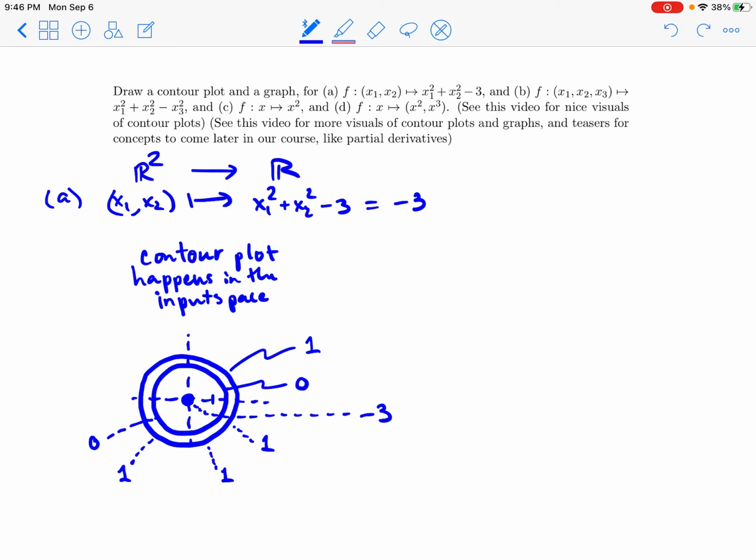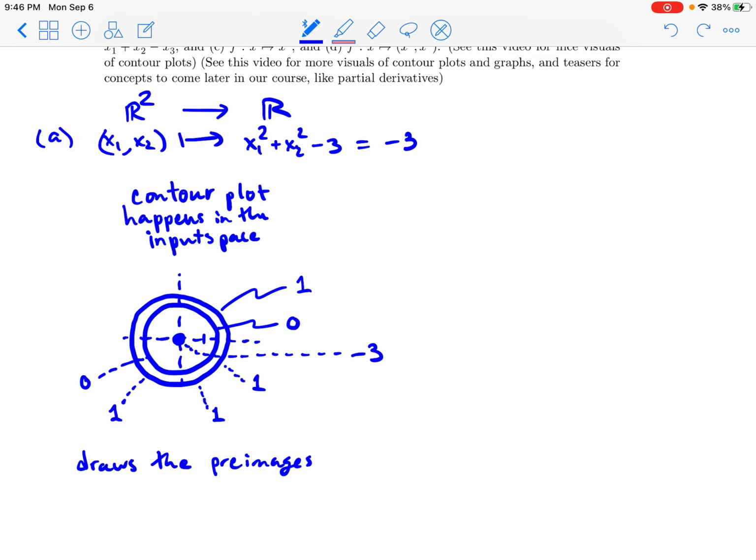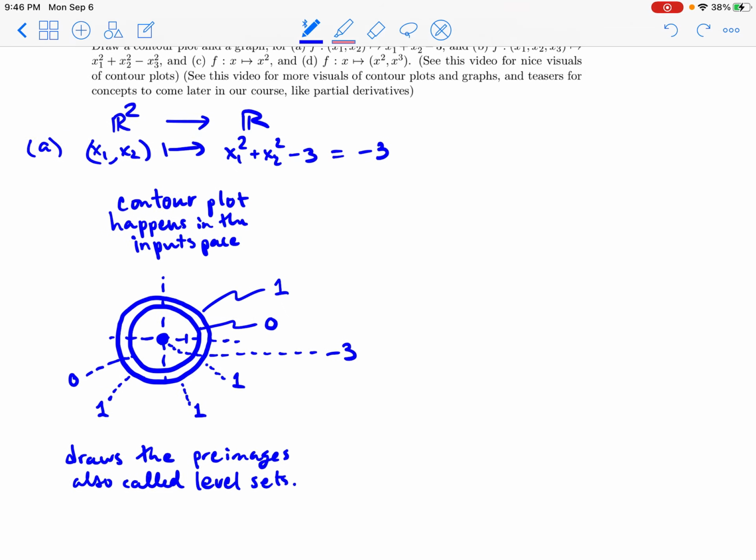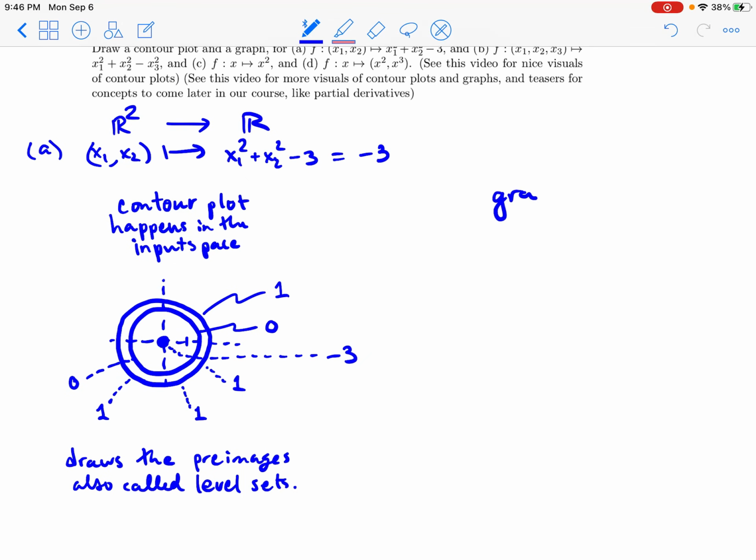So every point in the plane gets a real number hovering above it, and the contour plot draws the preimages of outputs of real numbers, also called level sets. Okay, so I drew a few level sets here. They are a circle, and a point. And there's other level sets, and they're all circles.